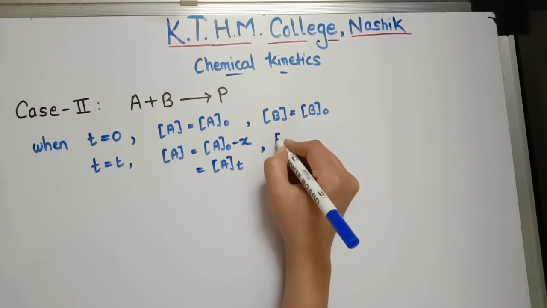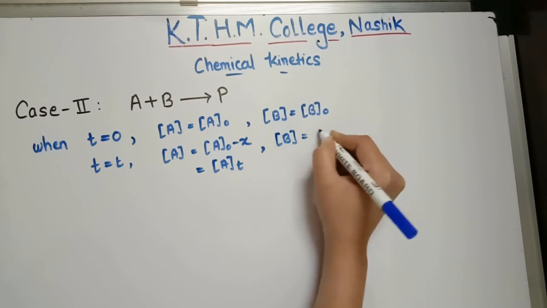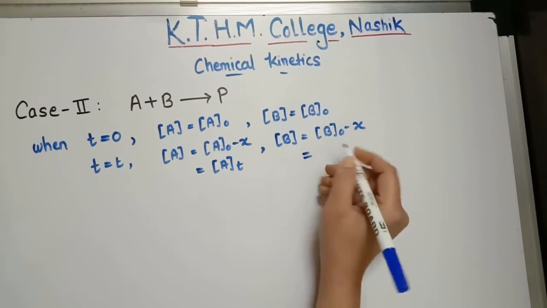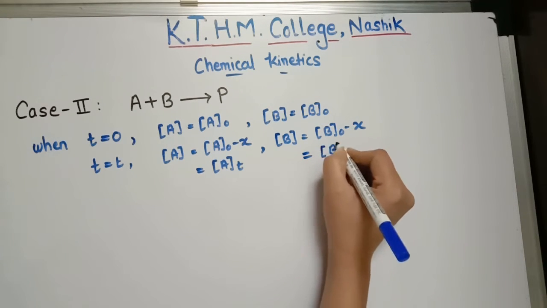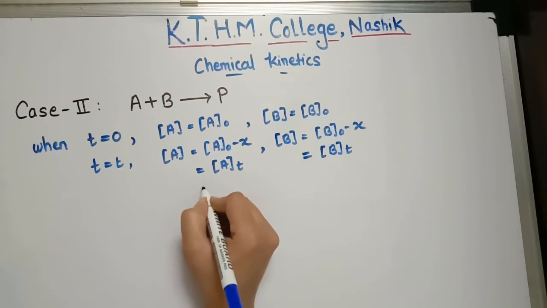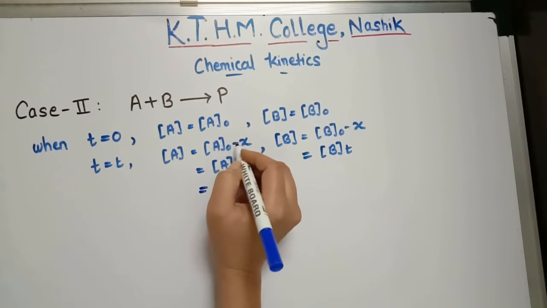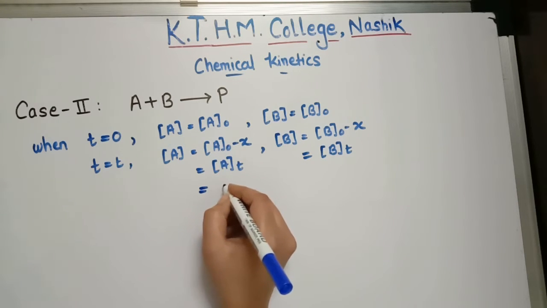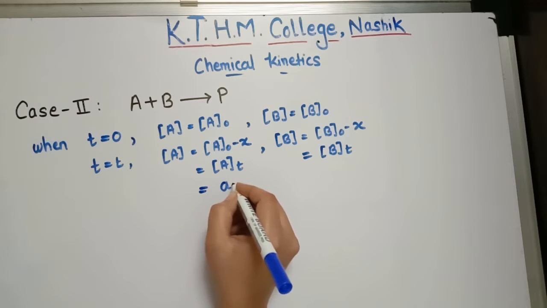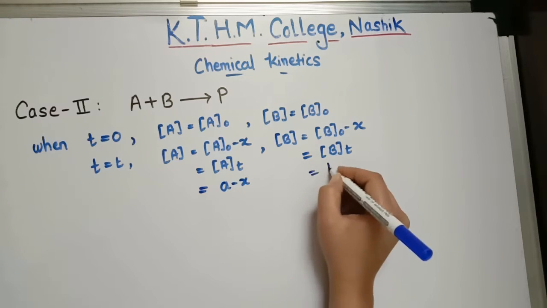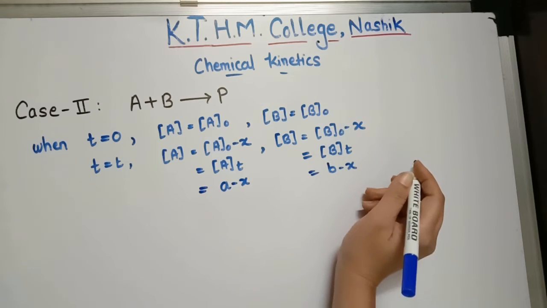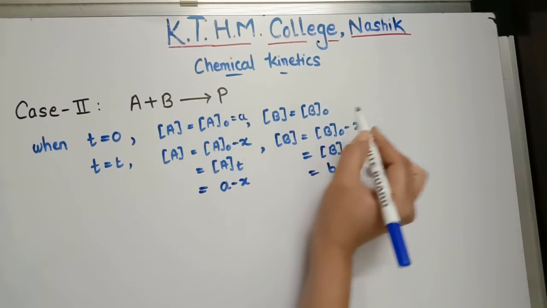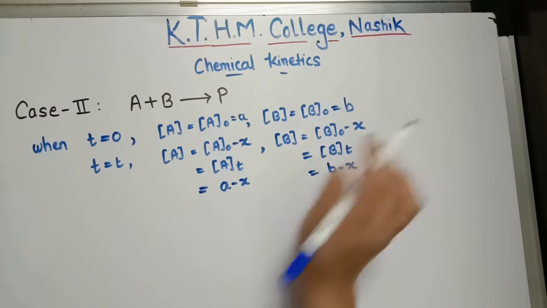Similarly for B, it will be initial minus some quantity x, or it can be denoted by B t. In some books it is denoted like this, in some books by A t, and in some books by small a minus x and small b minus x. Here A could be denoted by small a, and B by small b.